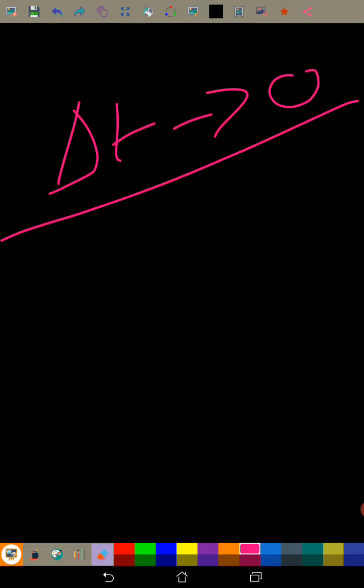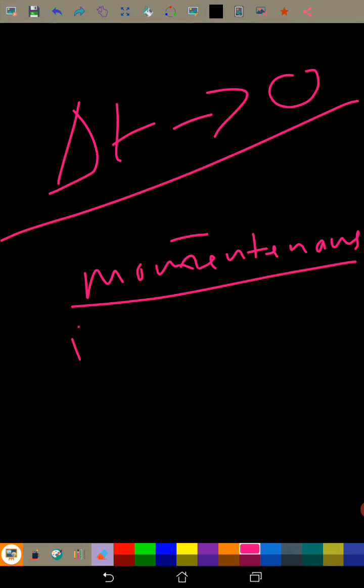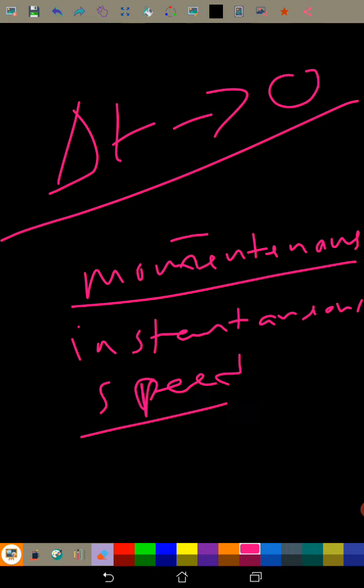Instantaneous, I would say, because delta t is very small, or infinitesimally tends to 0. It's not the average speed really, because this is very small.